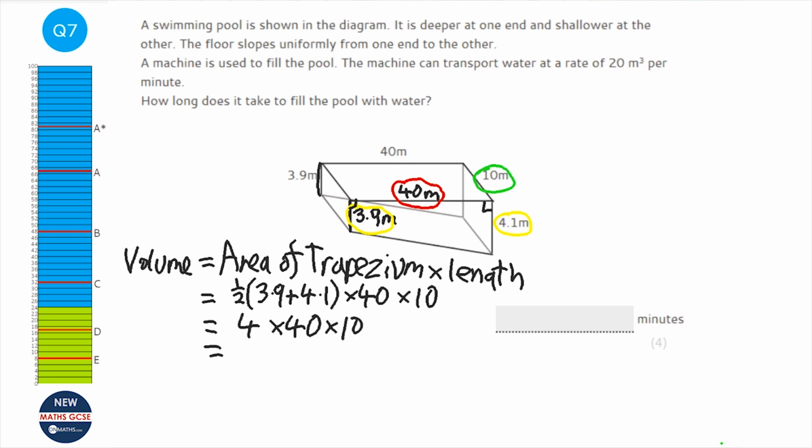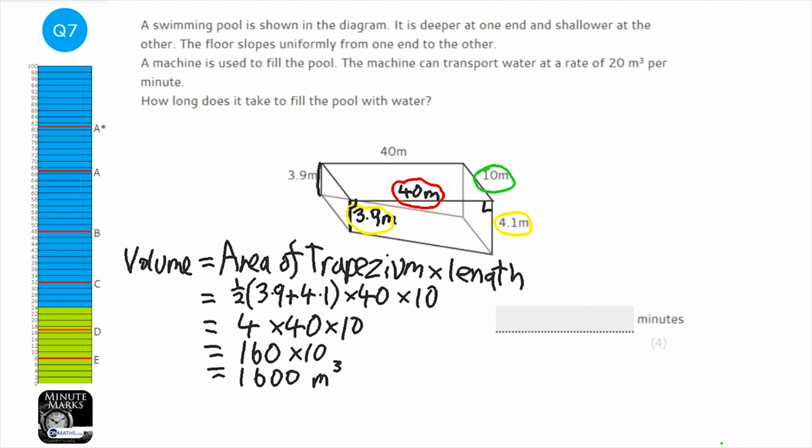Okay, 4 times 4 is 16, so 4 times 40 is 160. And then that's going to be 1,600, and that's meters cubed. Although we don't need to necessarily show our units until the end. I've kind of gone to the end of the volume, so I'm just going to show it's meters cubed.